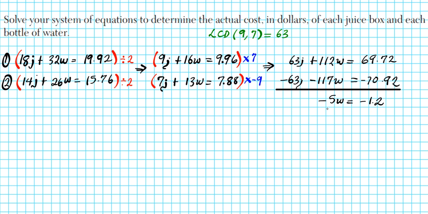To get w isolated, divide both sides by negative 5. And our final answer, w, is going to be 0.24 or 24 cents. Now what's the value of j, the unit price for a juice box?